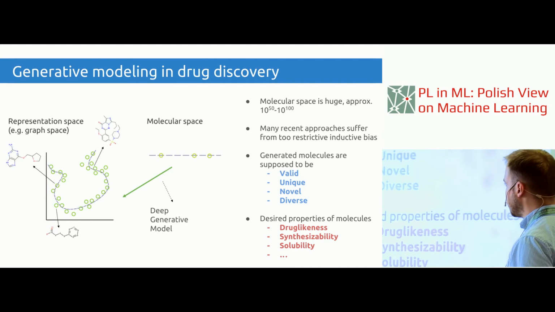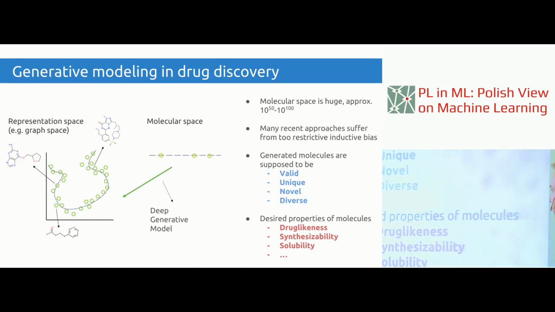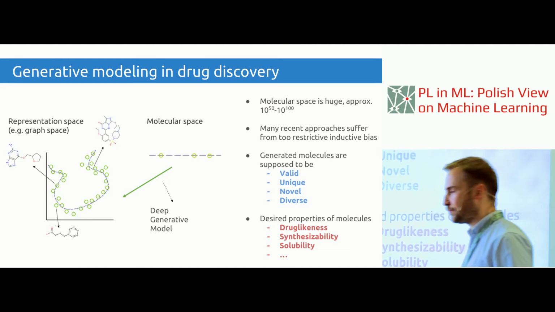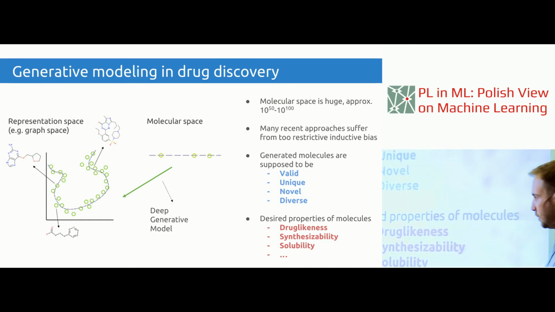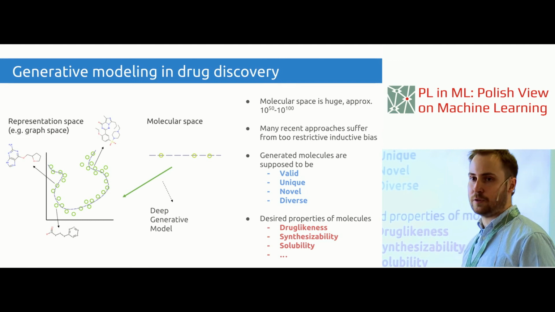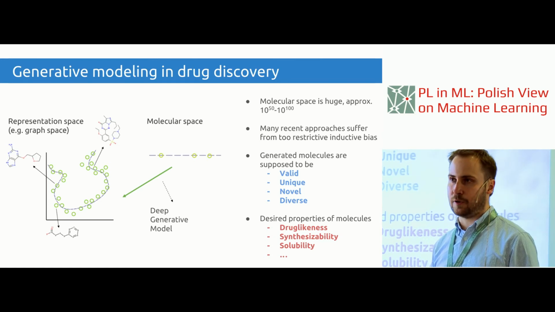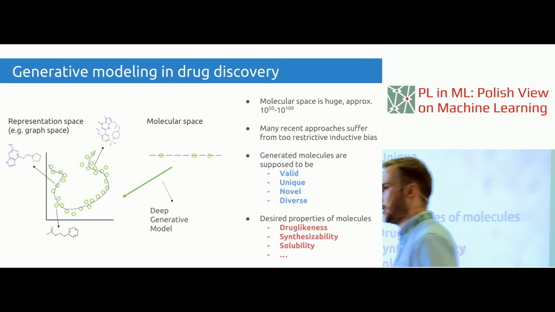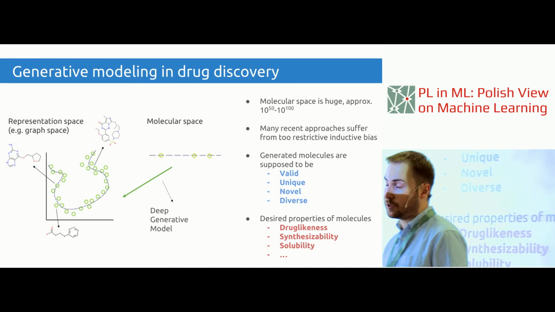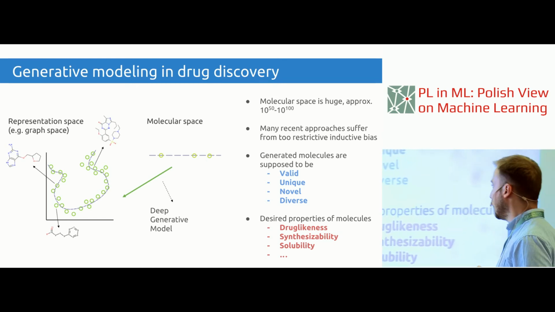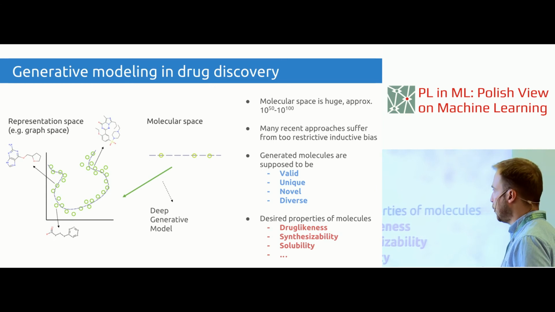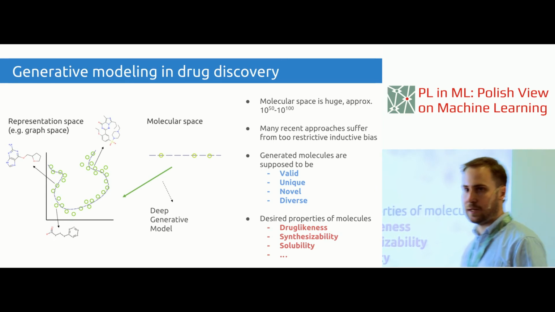There are also several properties that you would expect this kind of generative model to have. You would like the generated molecules to be valid, unique, novel, and diverse. I think that these properties are rather universal for generative models because, for example, if you're using your generative model to generate pictures of dogs or cats or whatever, you also want the pictures to be valid, unique, novel, and diverse.